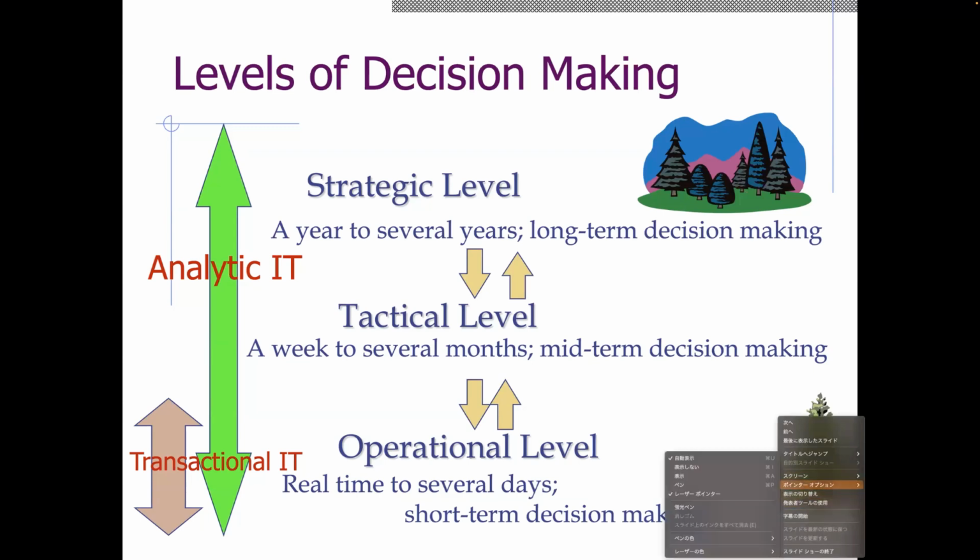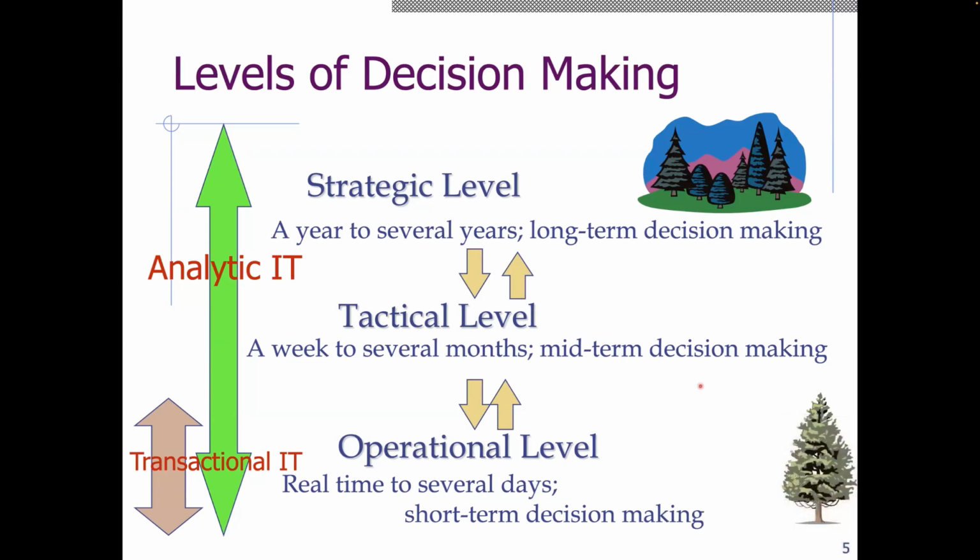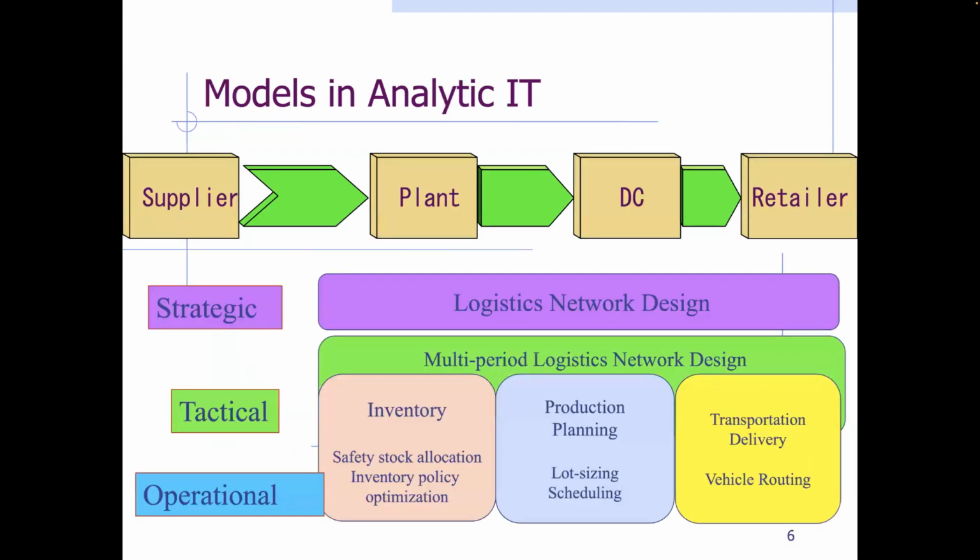This figure represents an entire supply chain. Procurement of parts or raw materials from suppliers, production at plants, stocking in DCs or warehouses, and distribution to retailers. These are the decision levels: strategic, tactical, and operational, that means long-term, middle-term, and short-term, respectively.